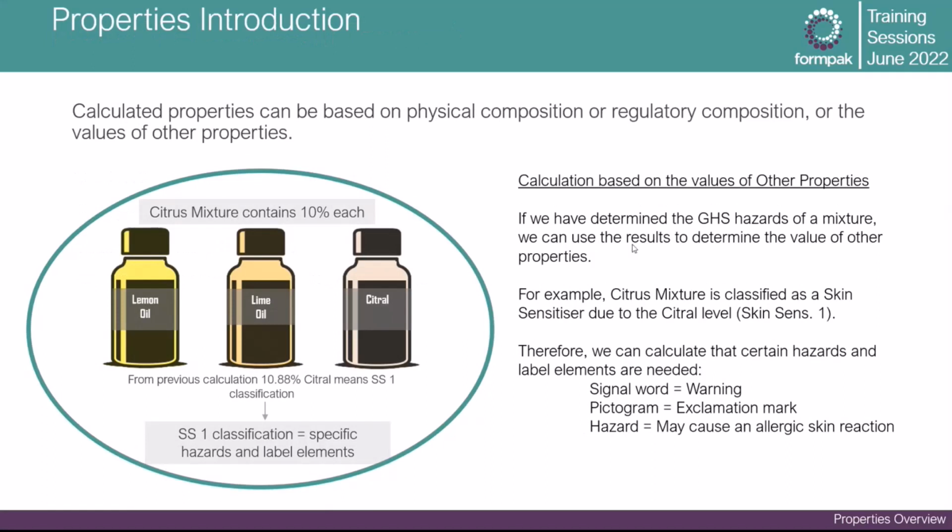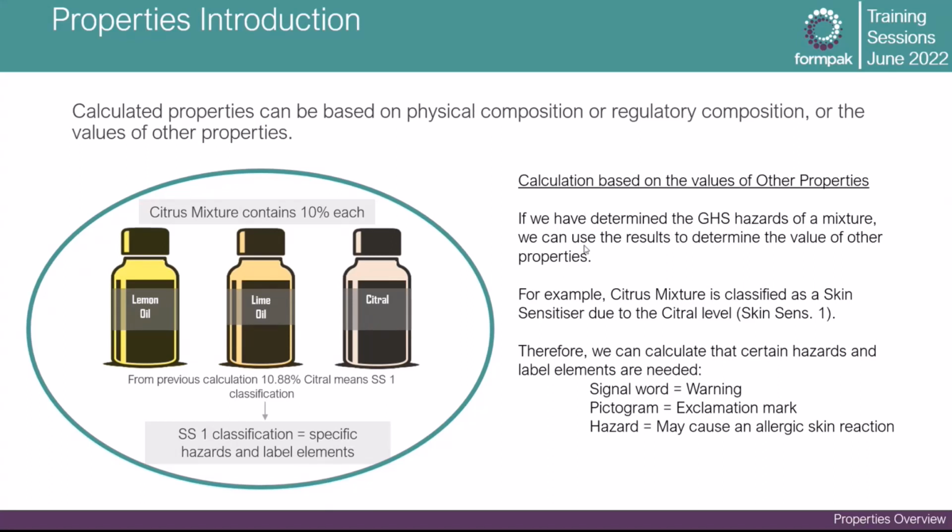And then we have the third type of calculation, which is a calculation based on the value of other properties. If we've determined, for example, the GHS hazards of a mixture, we can use those results to determine the value of other properties.